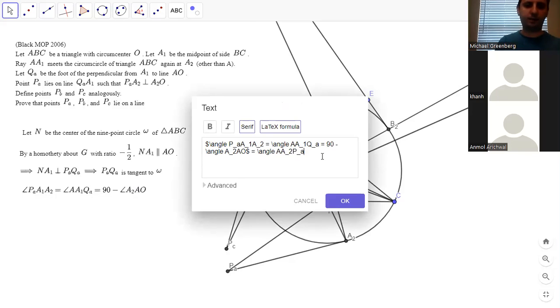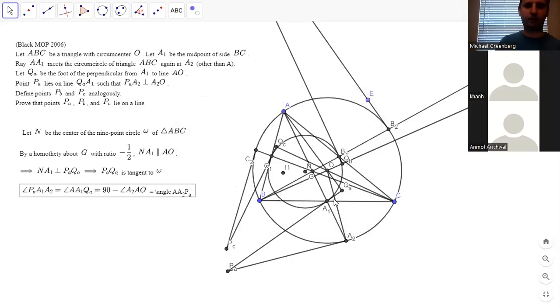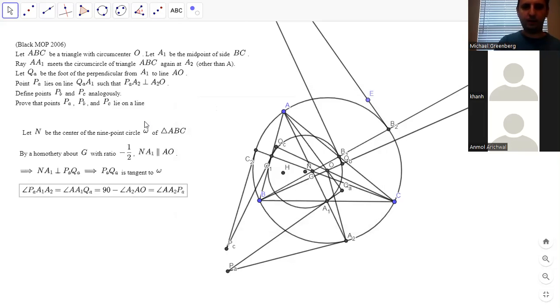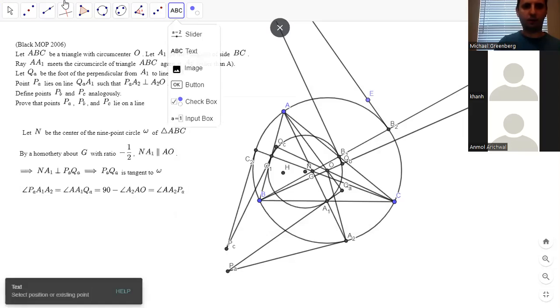Okay, so I kind of skipped a tiny angle chase there, but I think the viewers can figure that out. So PA, A2, A1 is isosceles.